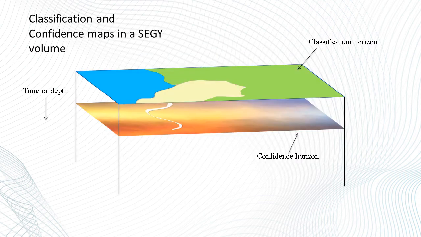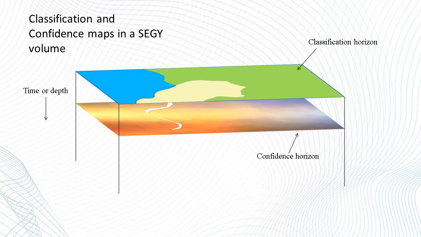Alternatively, the surfaces can be exported to a SEG-Y volume in which the classification and confidence values can be stored as flat surfaces at predefined time or depth horizons in the volume. Geographics users find this format particularly useful to import the whole volume and then look, for example, at time 0 for the classification horizon, take the values of the classification horizon and overlay them, for example, with contours and well locations.